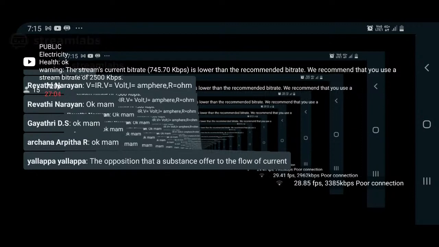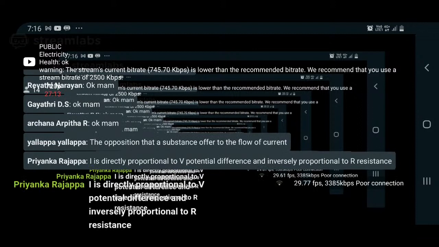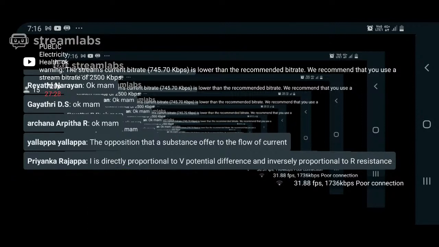Current is always inversely proportional to the resistance. I is equal to V by R. That indicates current is directly proportional to the voltage and inversely proportional to the resistance. Very good, Priyanka. Excellently correct statement.